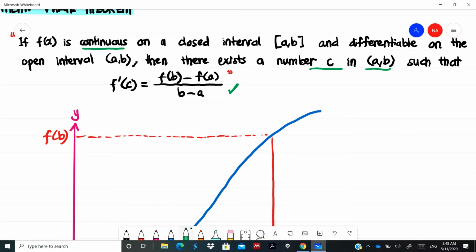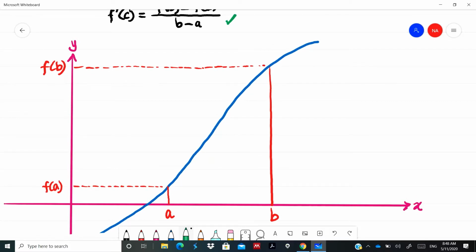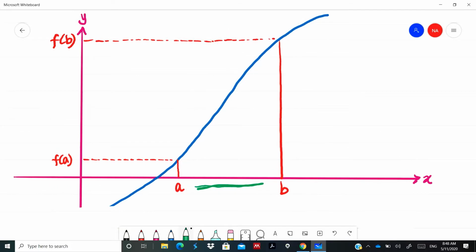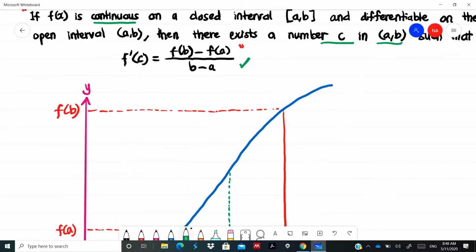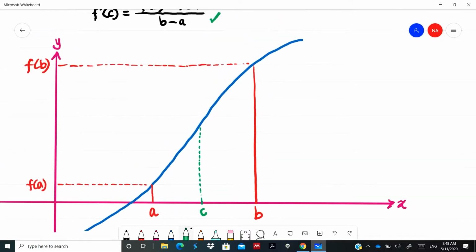So what does this mean? It says that there must be a c between a and b. Suppose c is somewhere around here, such that f prime of c. So what does f prime of x mean? If this is f(x), then f prime of x is the gradient of the tangent.